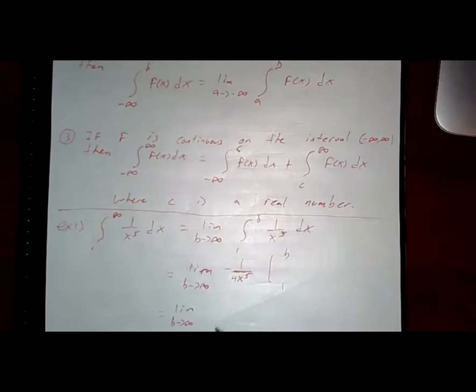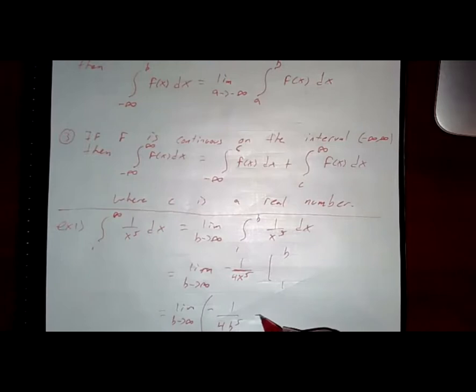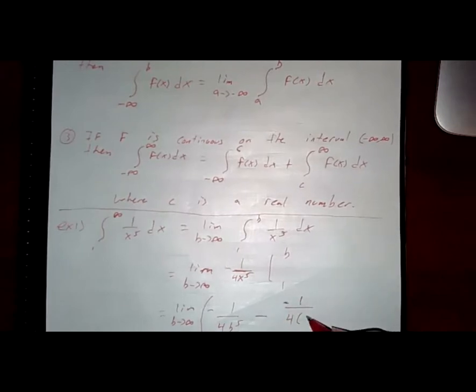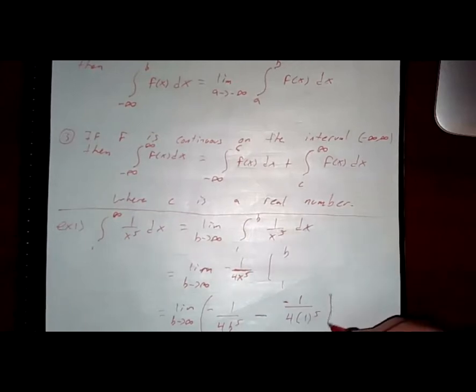So plug in the b, so that'll be negative 1 over 4b to the 4th, minus negative 1 over 4 times 1 to the 4th.